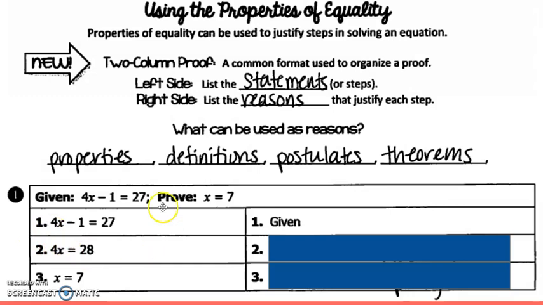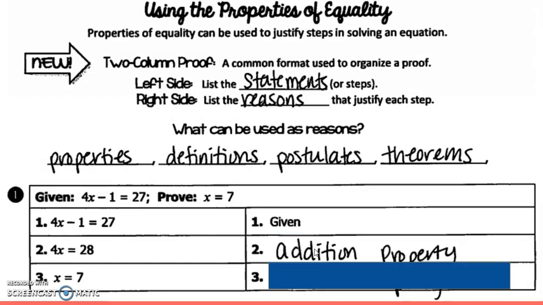So when we're solving this equation, just like we normally would, our natural thing to get x by itself is going to be to add 1 to both sides, which is how they got 4x equals 28. For my reasoning with this one, I want to figure out what I did to get from step 1 to step 2. Well, in this case, I added 1 to both sides, so I used the addition property of equality.